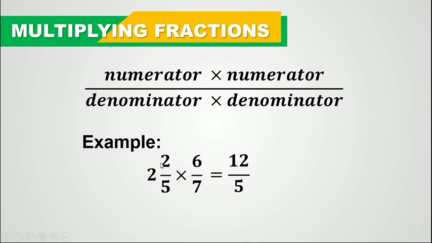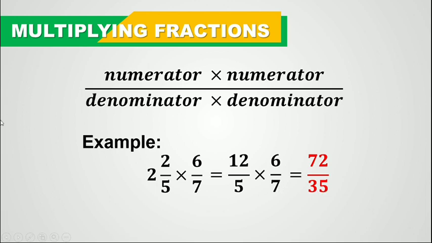That will serve as the numerator of the new fraction. And then just copy the denominator, 5. And then multiply by 6 over 7. And then just do this. It's that easy. 12 times 6, that's 72. And then 5 times 7, that's 35.